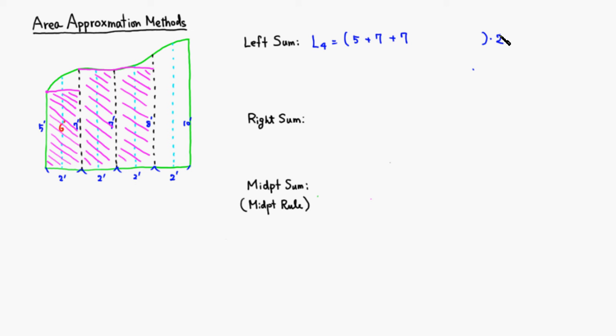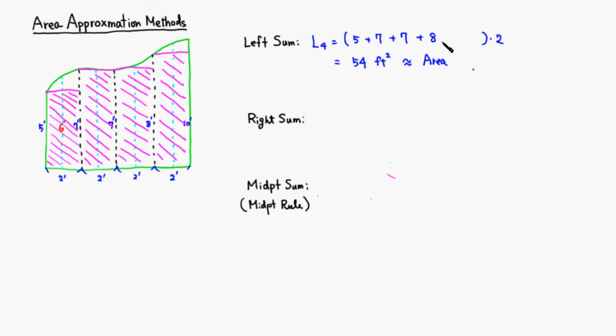And for the last one, the left endpoint gives the rectangle, and the height is going to be 8, with width 2, so 8 times 2. This comes out to be 54, so the approximation is 54 square feet.